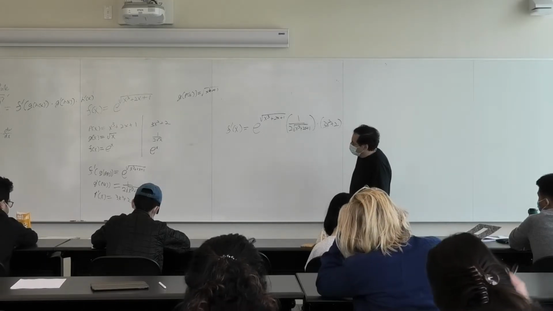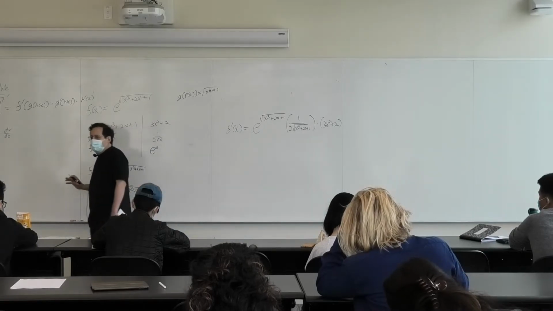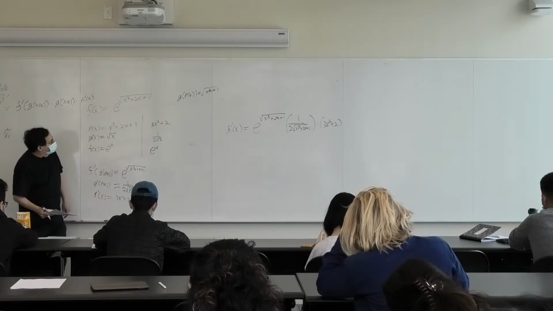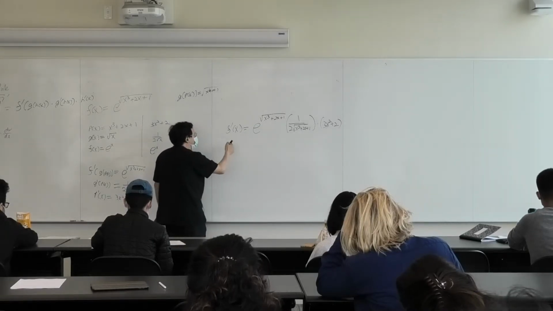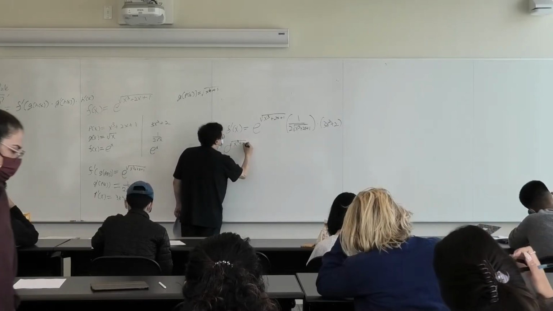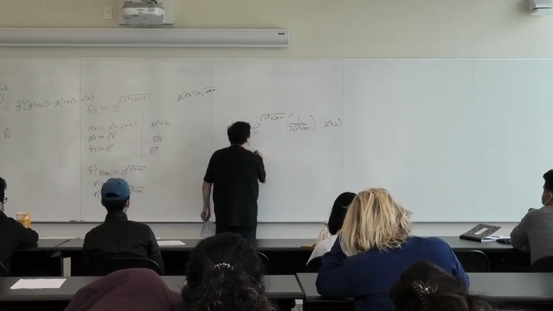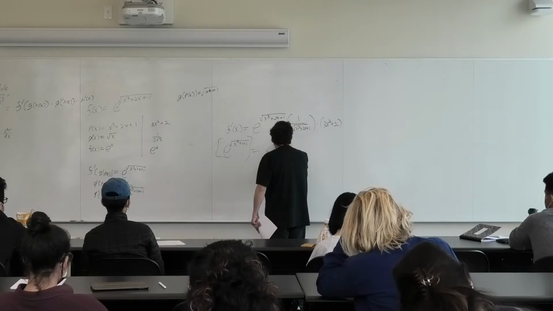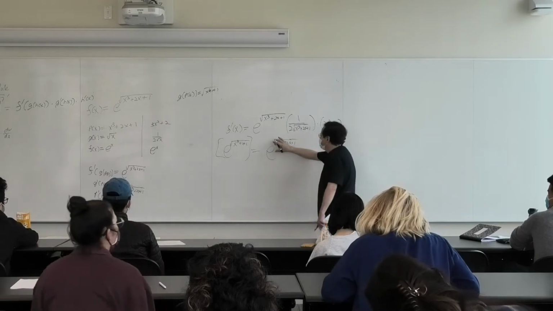Now, when you're doing these, you're going to find you have a comfort level with some and not with others. In some, you might want to write all this stuff out, but you could just look at this and say, well, I know the derivative is just going to be e to the square root of x cubed plus 2x plus 1 times the derivative of this guy.